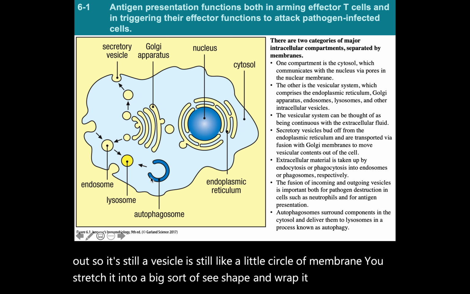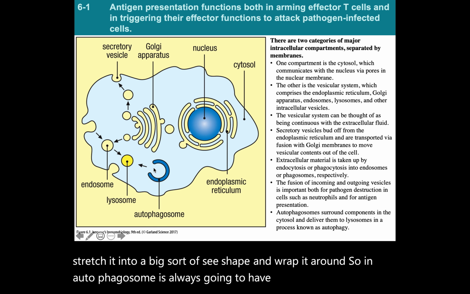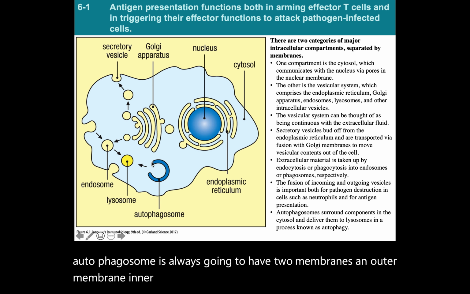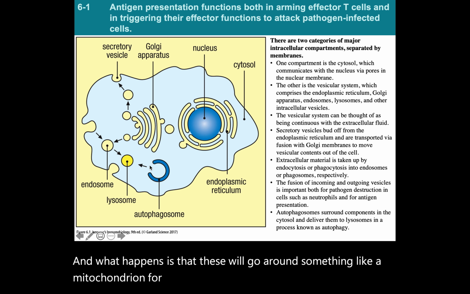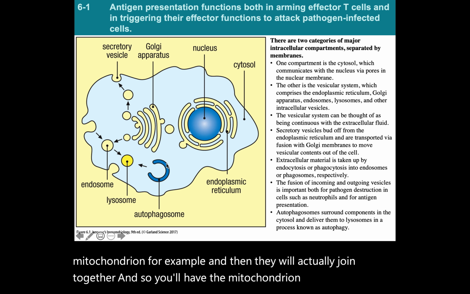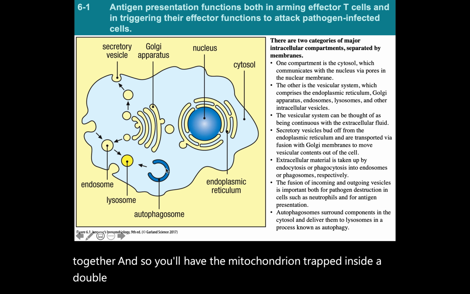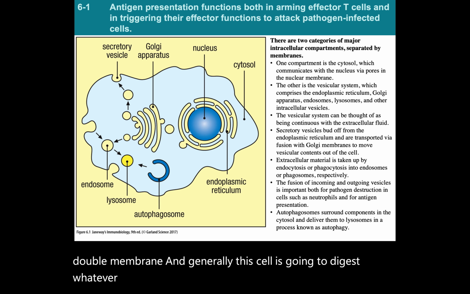So an autophagosome is always going to have two membranes, an outer membrane and an inner membrane. These will go around something like a mitochondrion, for example, and then join together, so you'll have the mitochondrion trapped inside a double membrane. And generally the cell is going to digest whatever is trapped in an autophagosome and recycle it.